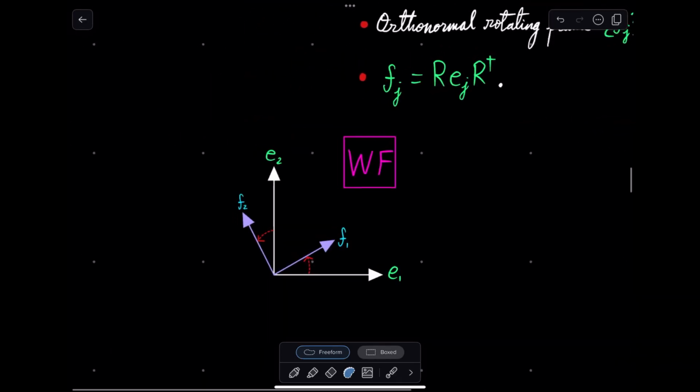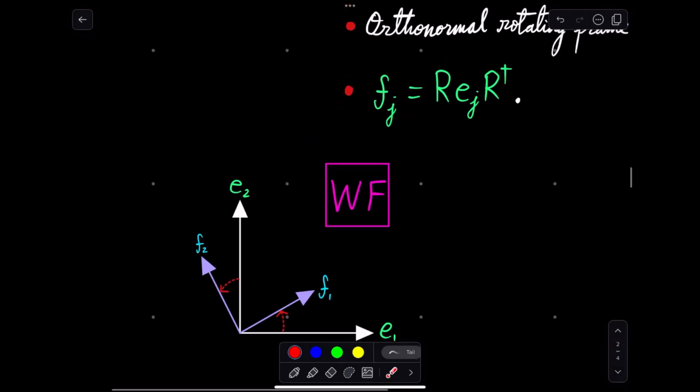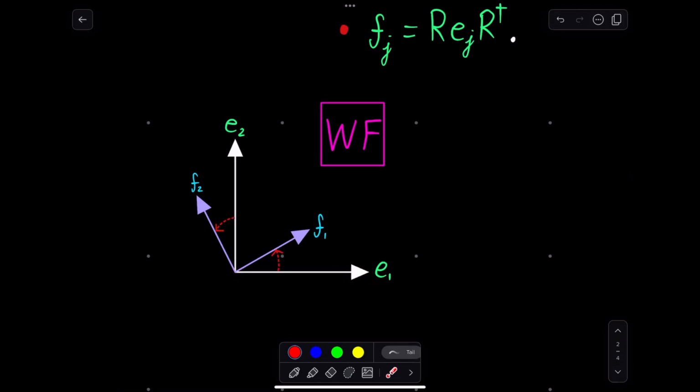So in the world frame, you have the orthonormal fixed basis. This is just 2 dimensions. I didn't draw the third axis because it's just another thing to draw. But the way it works in 2 dimensions is the same way it works in 3 dimensions. So you have the orthonormal frame E1, E2. That is your world frame. So this is where you'd be in the world.